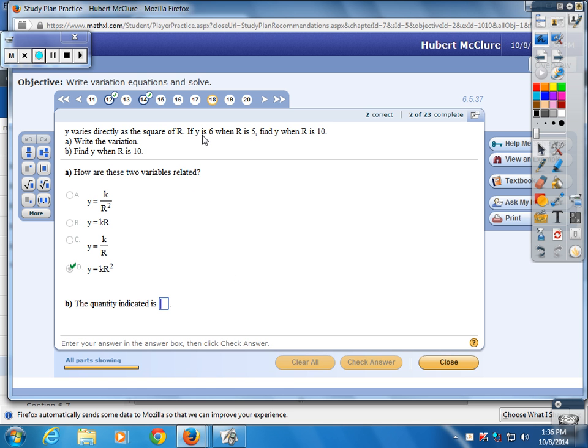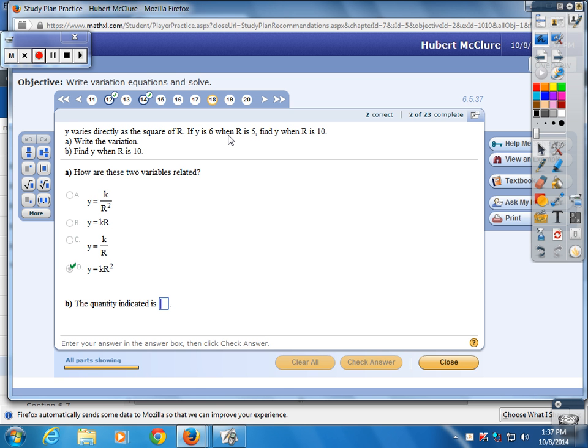Okay, now it says if Y is equal to 6 and R is equal to 5, oh, this is a type 4 question. Because what can you find if they give you Y and R? You can find K. So this is a type 4 question. Thought it was a type 2.